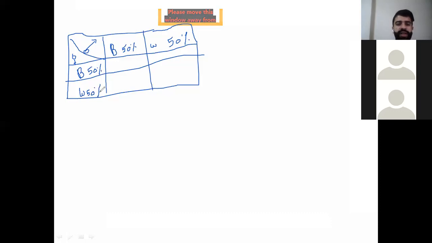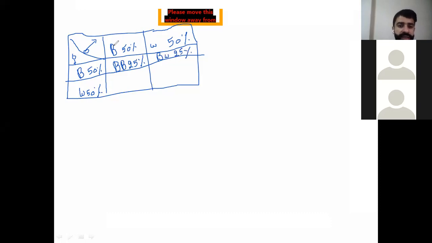So we're going to start like in math. Expand the first with the first and the first with the second. B crossed with B is going to give BB. 50 times 50 divided by 100, so it will be 25%. And here B crossed with W will give BW and also 25%.